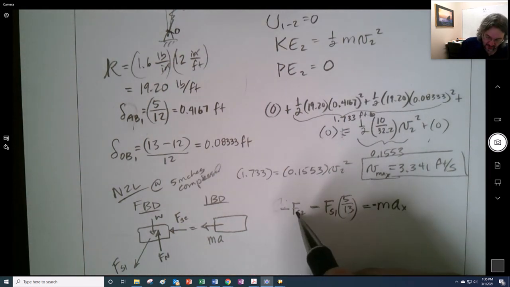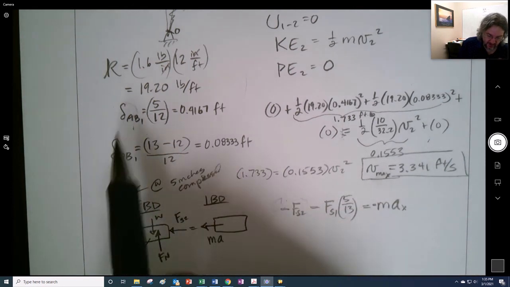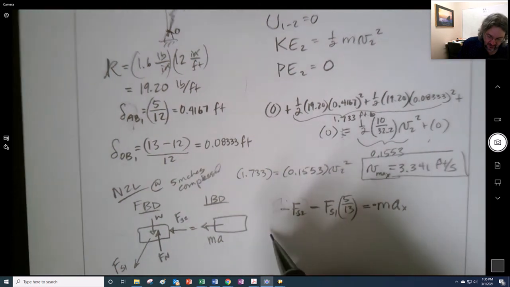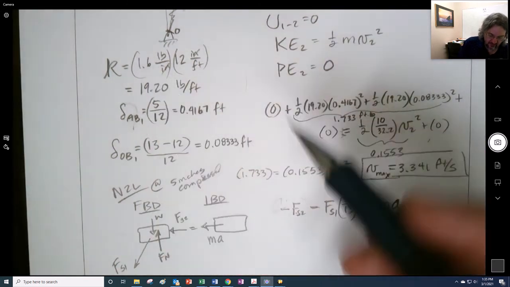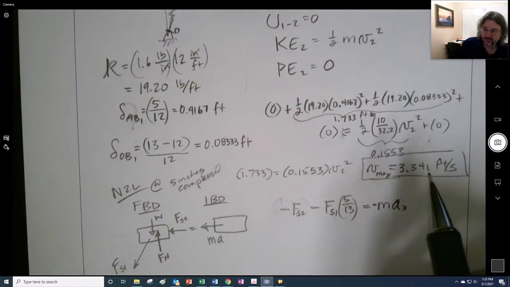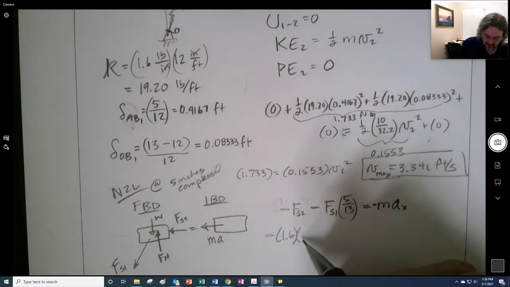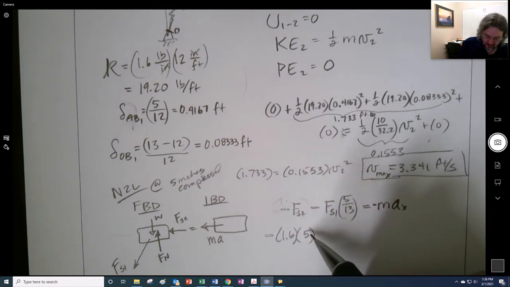So put in numbers in here. I need to have the force of this, that displacement right here, right? And actually we could use inches and pounds as part of this, by the way. So negative Fs2 is going to be that 1.6 times our 5 inches right there, right? So that'd just be pounds, because you get pounds per inch times inches, we're good to go.